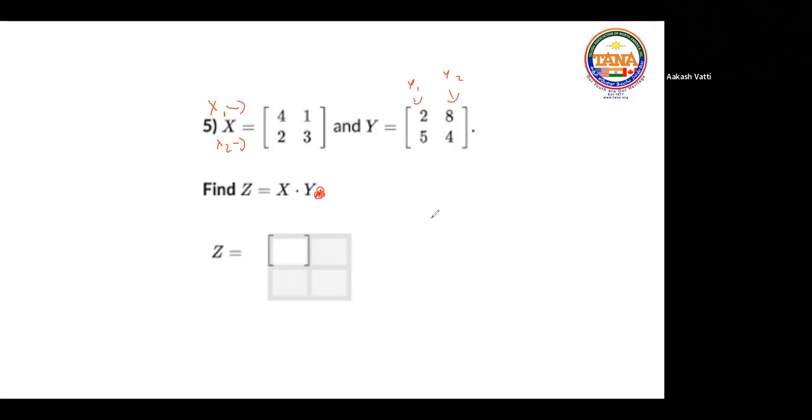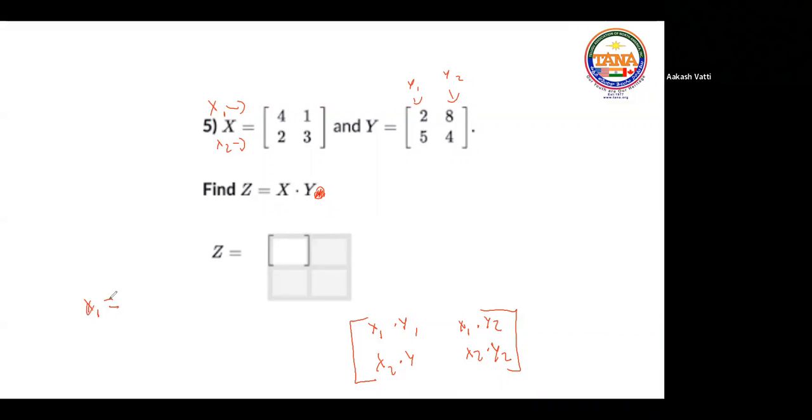And a general formula to remember for matrix multiplication is you should do x of 1 times y of 1, x of 1 times y of 2, x of 2 times y of 1, and x of 2 times y of 2.